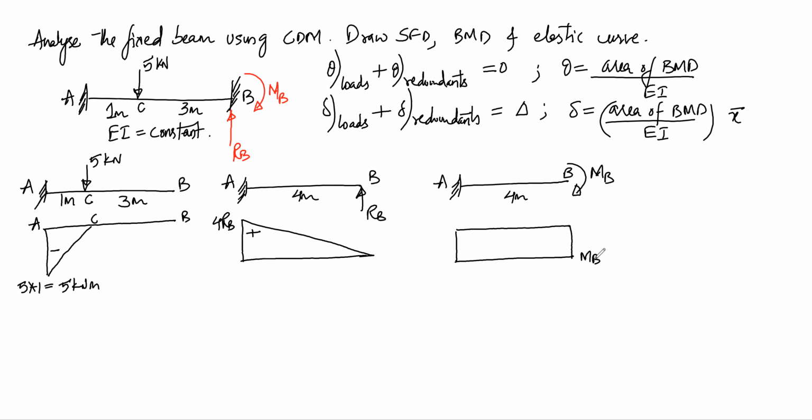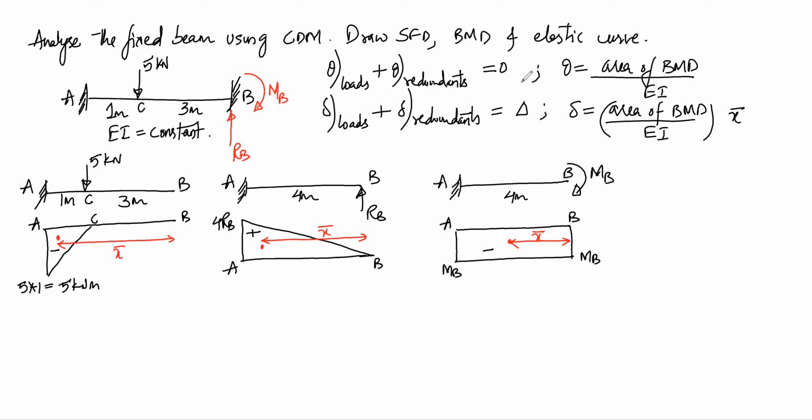This is MB, which is uniform, and this will be negative. So this is point A and point B. And the centroidal distances should be considered from the centroid till the redundants for all the BMDs. So these are the centroidal distances.